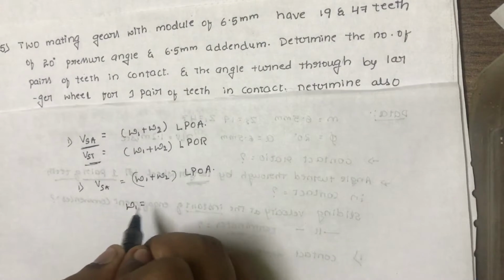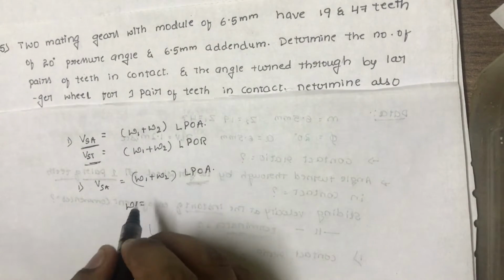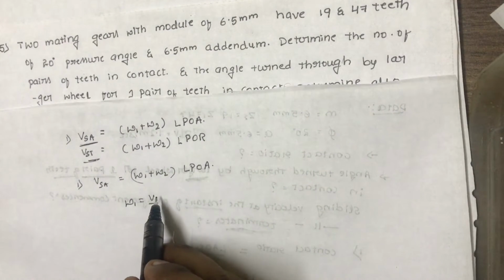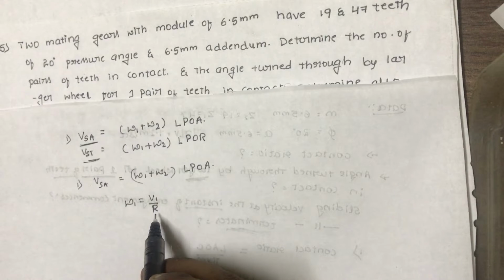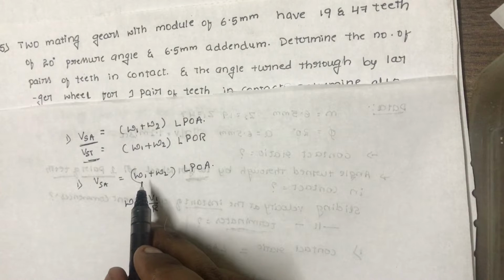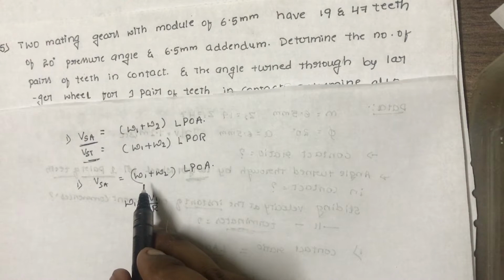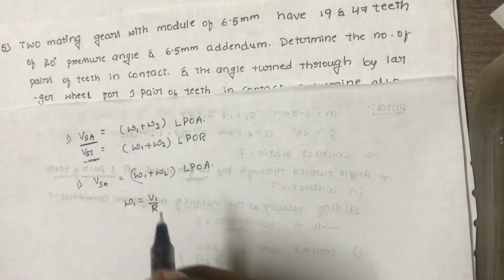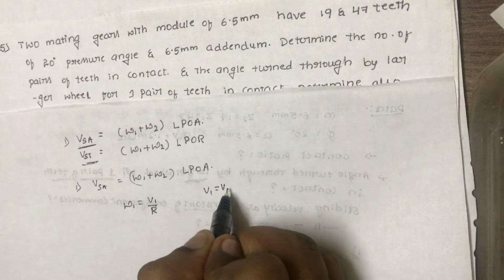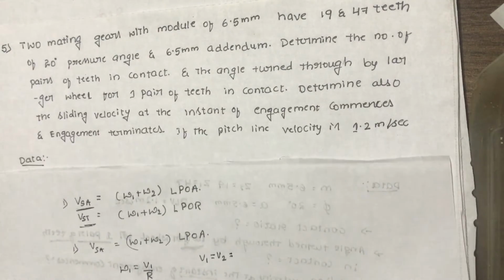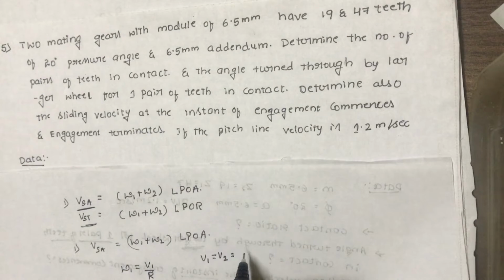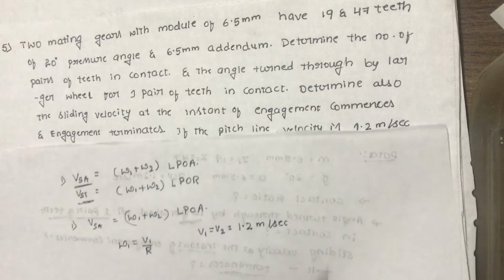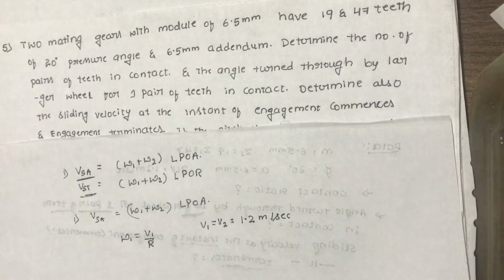For omega 1, the formula is V1 by R, that is linear velocity or rolling velocity divided by capital R. Omega 1 corresponds to the larger wheel, so I am taking capital R. V1 is equal to V2, the pitch line velocity.